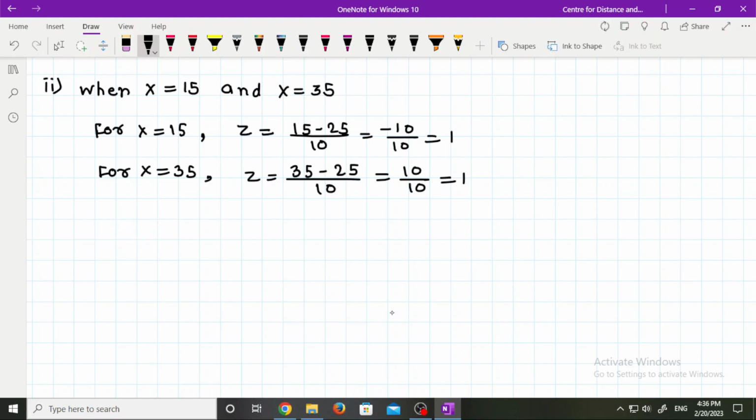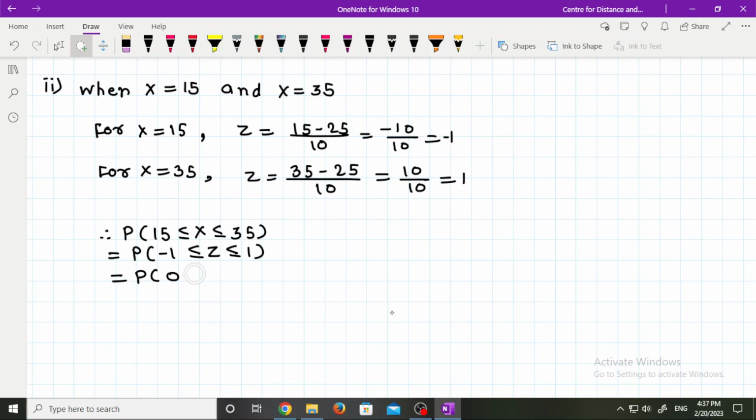That is, P of 15 less than or equal to x less than or equal to 35 is equal to P of minus 1 less than or equal to z less than or equal to plus 1, and this can be written as probability of minus 1 less than or equal to z less than or equal to 0 plus probability of 0 less than or equal to z less than or equal to plus 1.